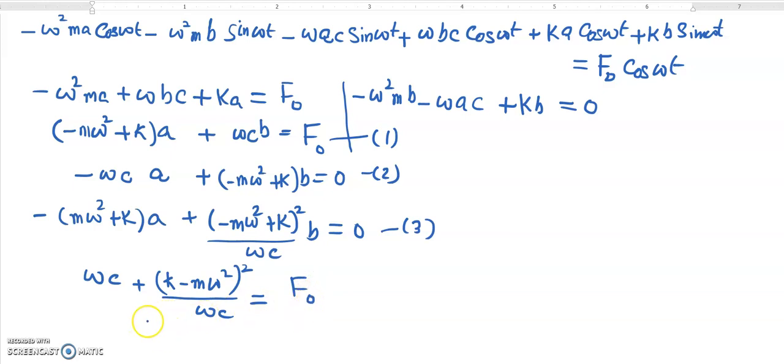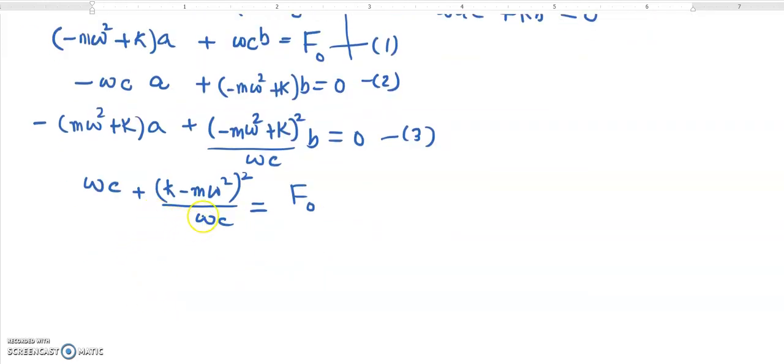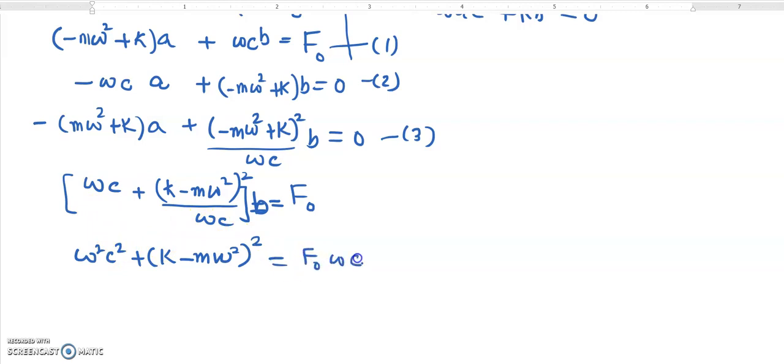Okay, so multiply both sides of the equation by omega c, so that I will get omega square c square plus k minus m omega square, whole squared, and b will be common. Then I am multiplying both sides by omega c, so it will be f naught omega c.